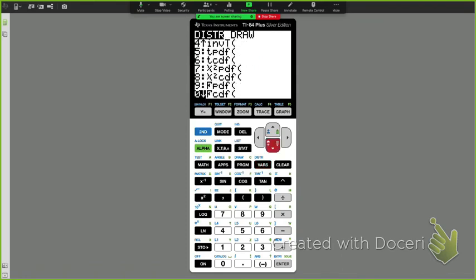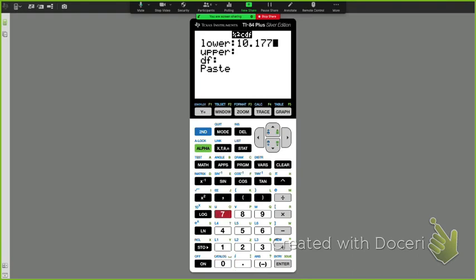I believe it's number 8. When you go there, it's asking you what's the lower boundary. Your lower boundary is always your chi-squared number, so that would be 10.177. Your upper boundary is always infinity, because we're always going from the chi-squared value out to the tail. So all the way to infinity, so that would be 1 little e 99.